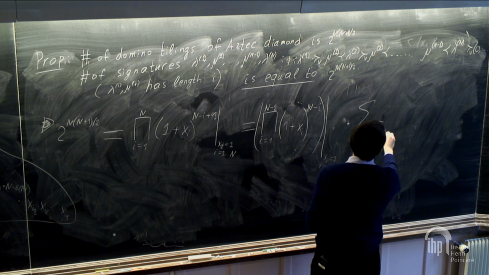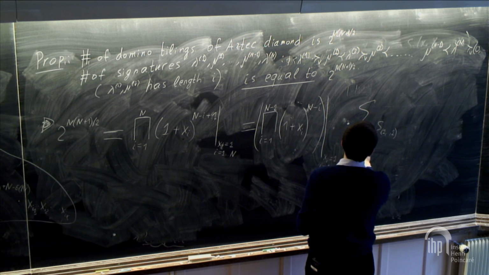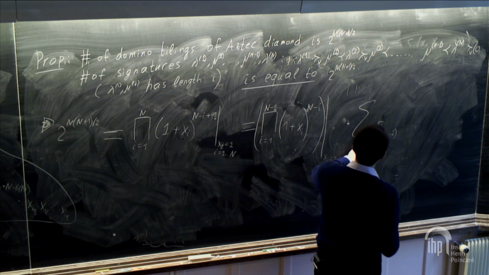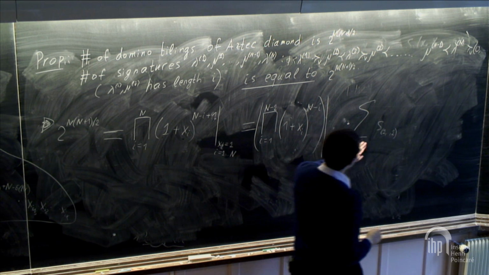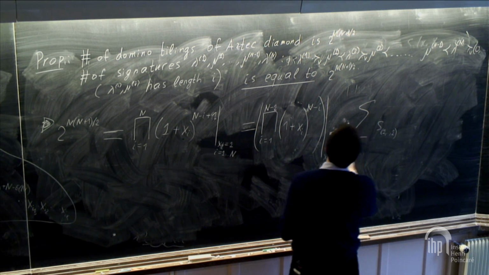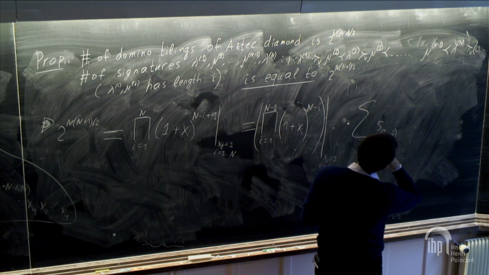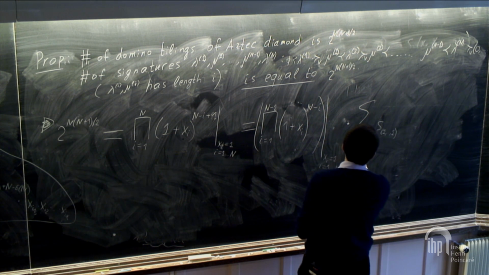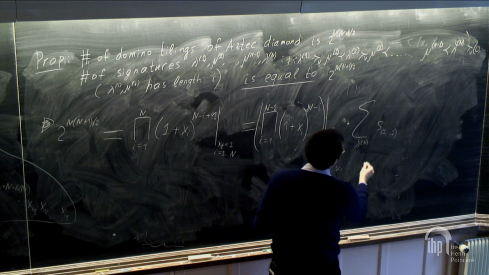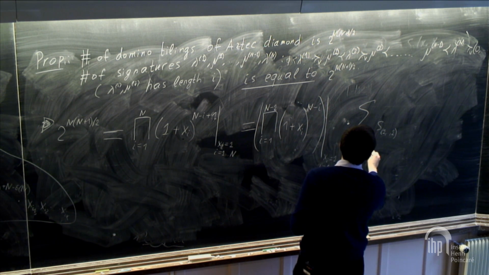I don't want to have this k, so I will write this as a sum over lambda n which vertically interlace 0.